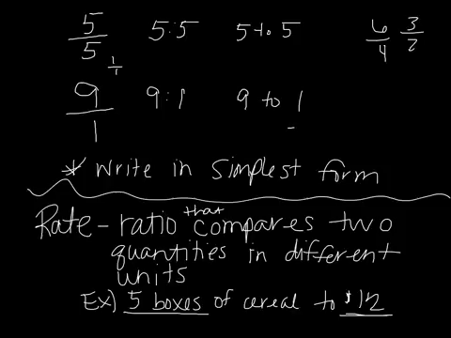I could figure out approximately how much money each box cost, which is what we're going to talk about next, our unit rate. So we have our rate, and then our unit rate. If we think of unit, we think of 1. So unit rate would be getting it down to 1. How much would 1 box of cereal cost?